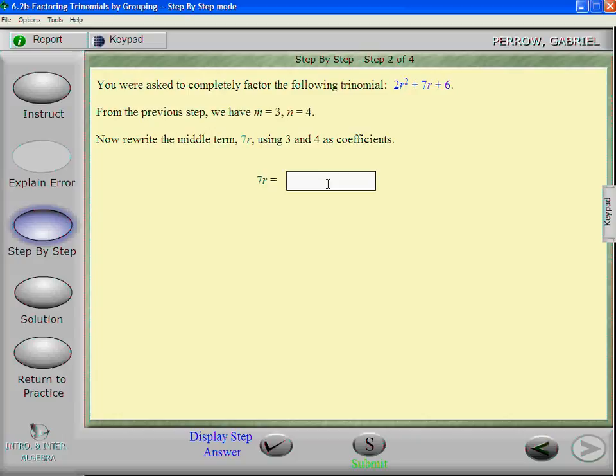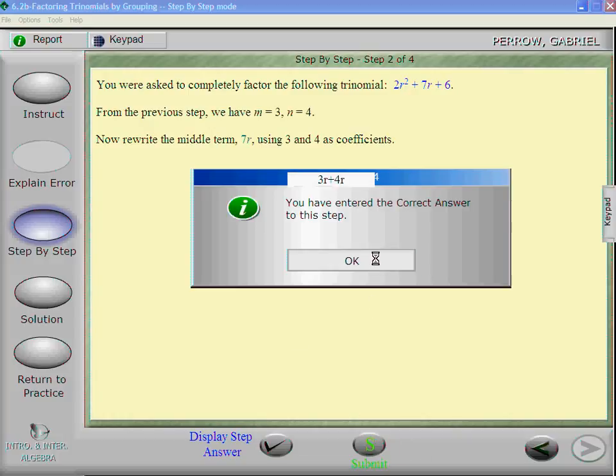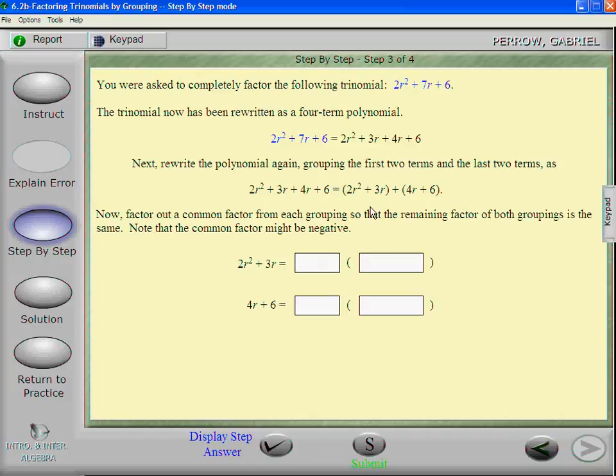So if I use 3 and 4, I'm saying 3r plus 4r. And based on splitting that apart, we can factor each pair by the greatest common factor.